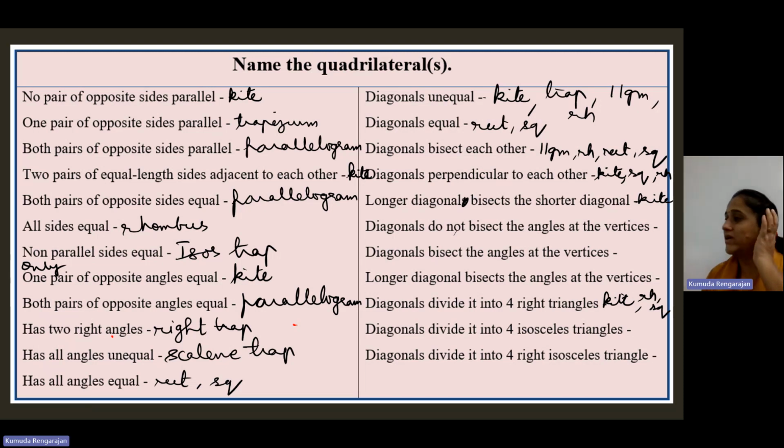Wherever diagonals are perpendicular to each other, you can say this. Then 4 isosceles triangles: rectangle and square also.